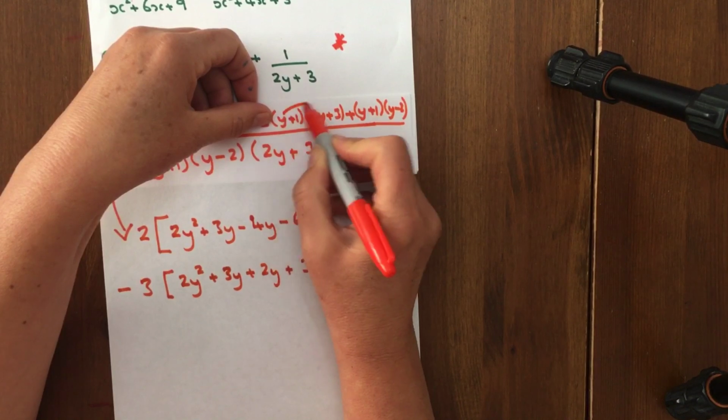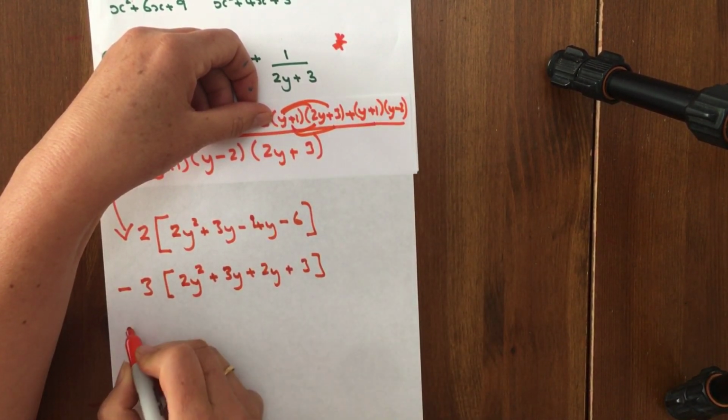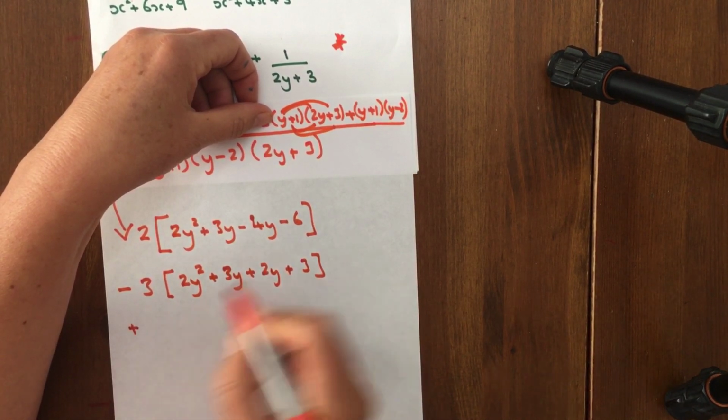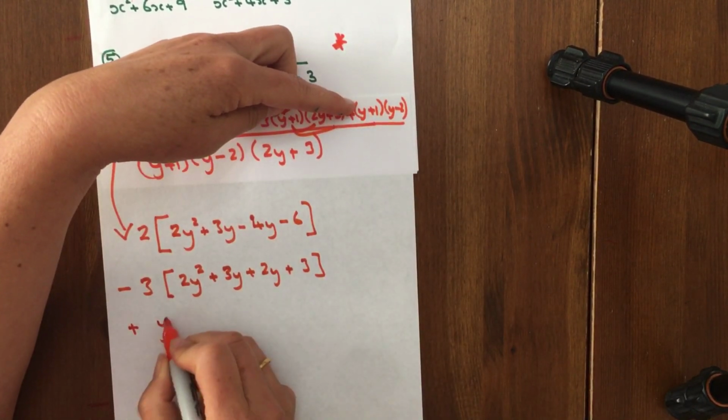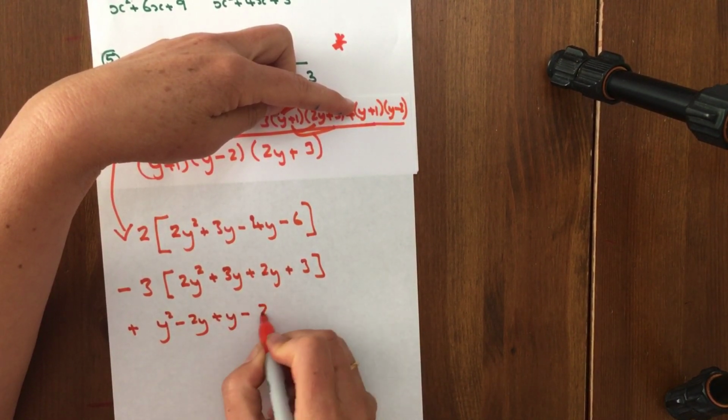I just did times the y with everything, times the 1 with everything. Okay, plus y times y squared minus 2y plus y minus 2.